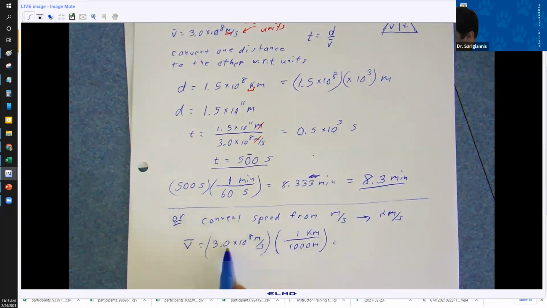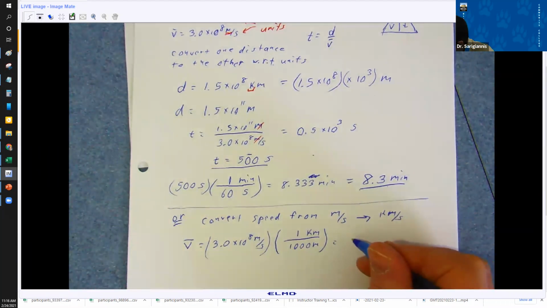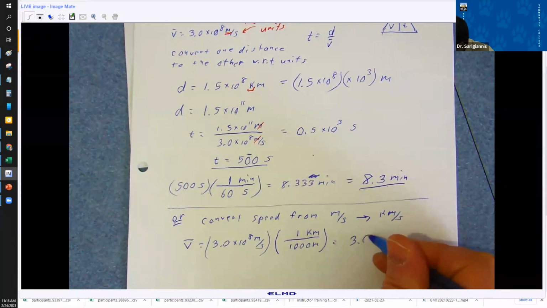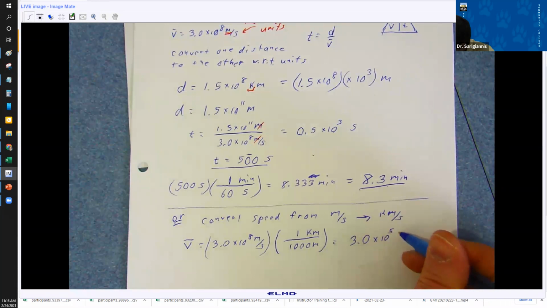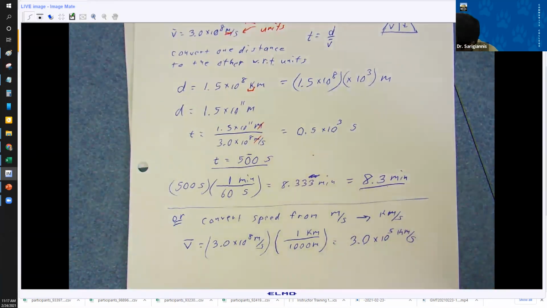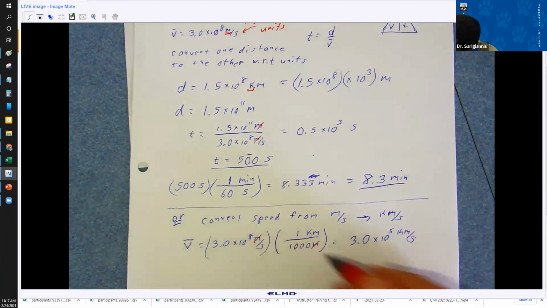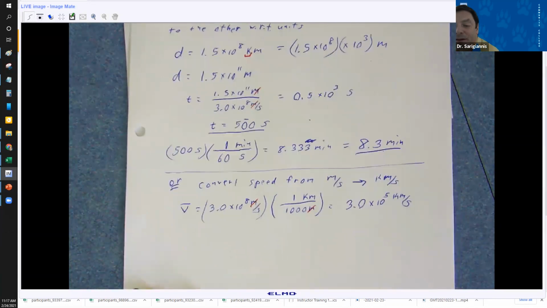So we're multiplying the 3.0 by 10, 8 times, and then dividing it by 10, 3 times. That's the same thing as getting 3.0 times 10 to the 5th, right? And now the units are kilometers per second. So this is what V bar would be in kilometers per second.